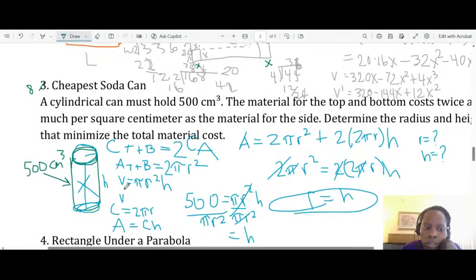Okay, so V prime equals pi r cubed. And so they're both the same.